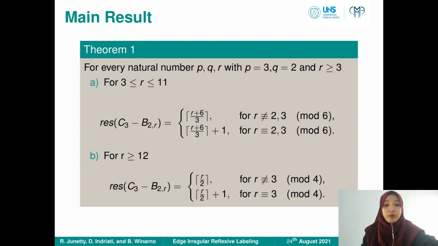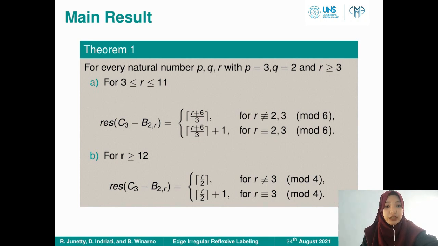For every natural number p, q, r with p equal 3, q equal 2, and r greater than 3: in point A, for r greater than 3 and less than 11, the formula of res(C3b2r) equal the ceiling of r plus 6 per 3 for r not equivalent to 2 and 3 in modulo 6, and the ceiling of r plus 6 per 3 plus 1 for r equivalent to 2 and 3 in modulo 6.